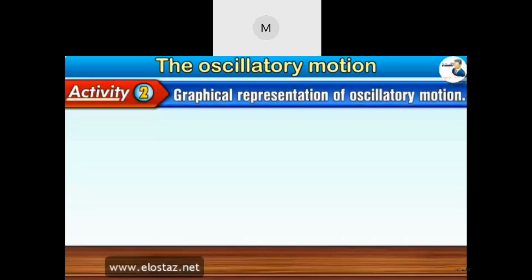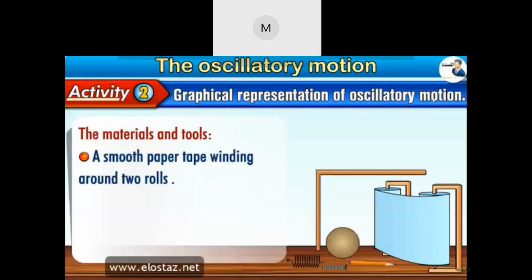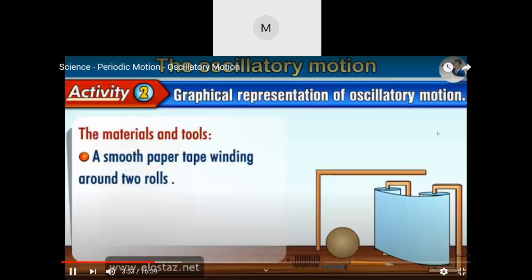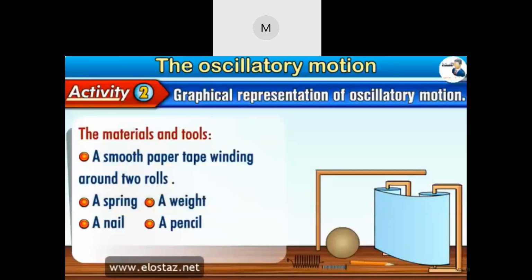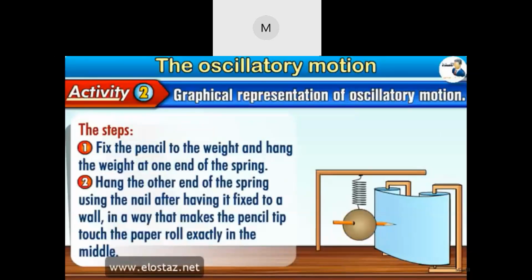Activity 2. Graphical representation of oscillatory motion. The materials and tools: a smooth paper tape winding around 2 rolls, a spring, a weight, a nail, a pencil. The steps. Number 1. Fix the pencil to the weight and hang the weight at one end of the spring. Number 2.